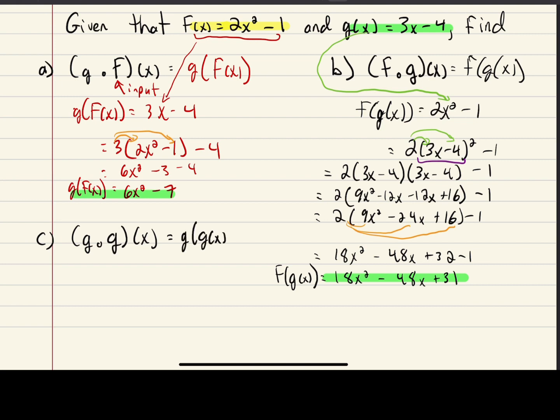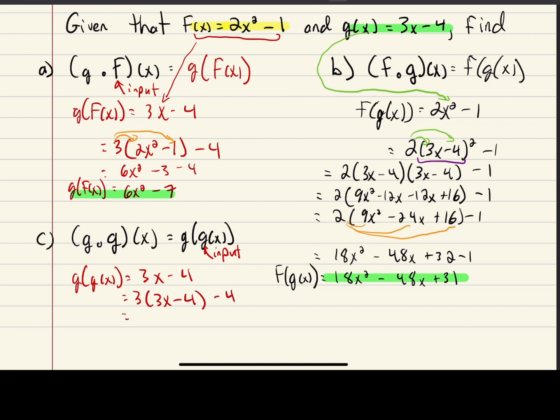And then when I write the formula, it's an input into itself. So we would go g of g at x is equal to 3x minus 4, and then we're going to plug the 3x minus 4 into the x. So 3 times 3x minus 4, minus 4.